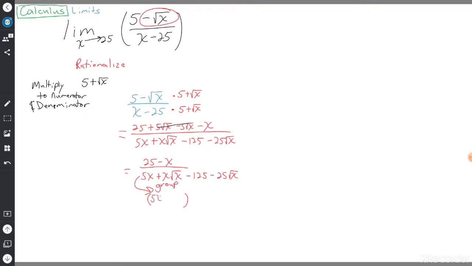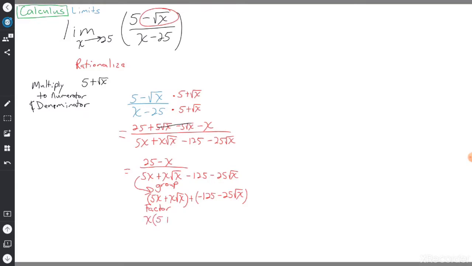We take the 5x plus the x square root of x, and then group the other terms, negative 125 minus 25 square root of x. Then factor. Out of the first group we can factor out an x because x is in both terms.